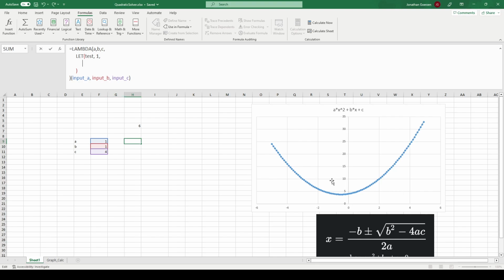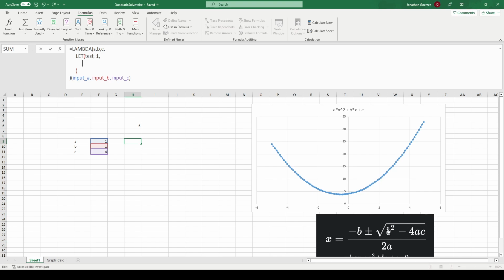Well, we know whether or not this has real solutions or complex solutions, pardon me, based on the determinant of the equation. The determinant is the fancy name for this chunk underneath the square root sign, b squared minus 4ac. The reason it's called the determinant is because if this value is positive, the square root evaluates to something that is a real number, and you have a real solution.